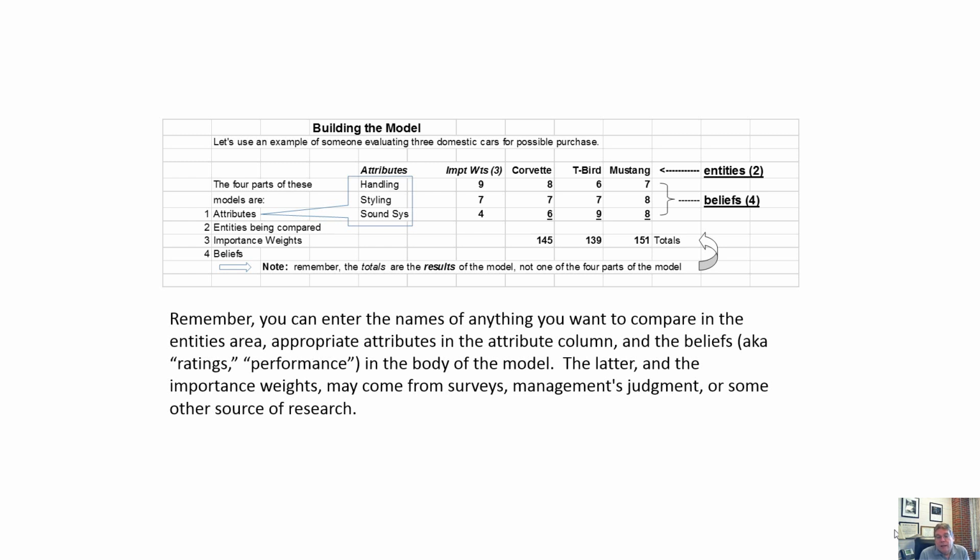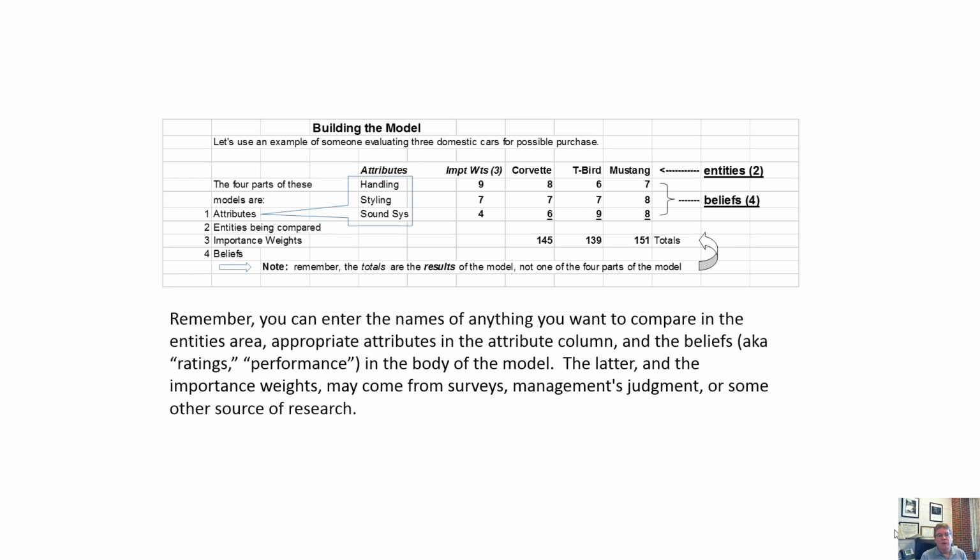So in the case of Corvette, here you have importance weight of 9 multiplied by 8, then the importance weight on styling of 7, and Corvette's belief for that is 7, and then a 4 multiplied by 6 for the third attribute of sound system. If you add that up, that adds up to 145. And the other 2 options, you see their totals as well.